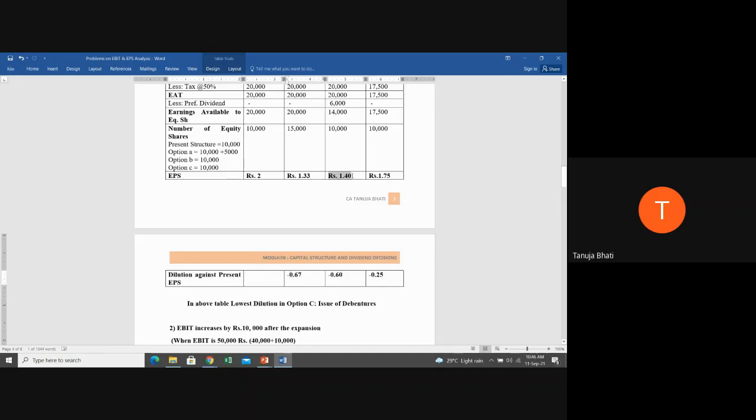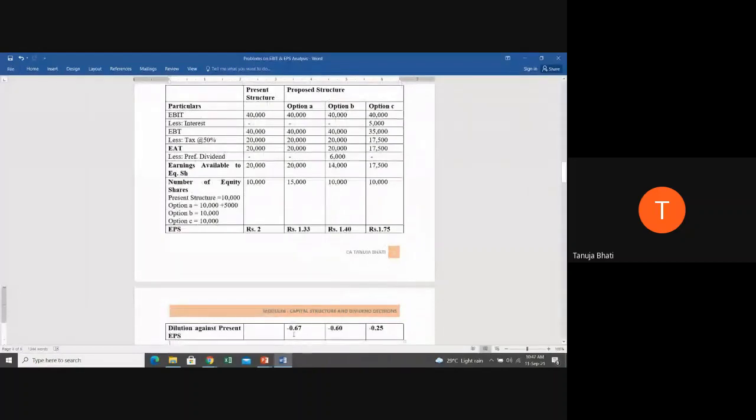Similarly, here 1.40 and here it was 2. So how much has the EPS reduced from its present value? By 0.60. Similarly, with option C, the present EPS was 2 and it has reduced after expansion of 50,000 to 1.75. So what is the dilution in EPS? It is 0.25. So students, which option will you select?